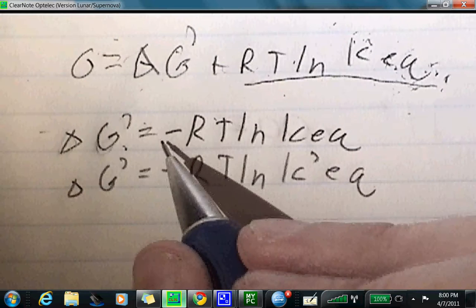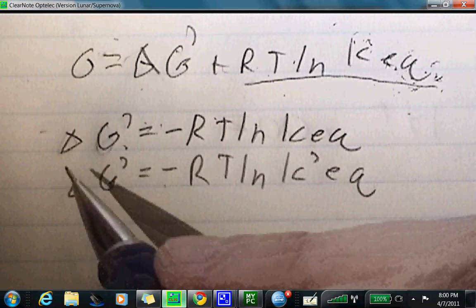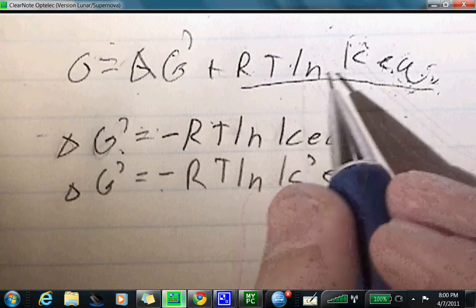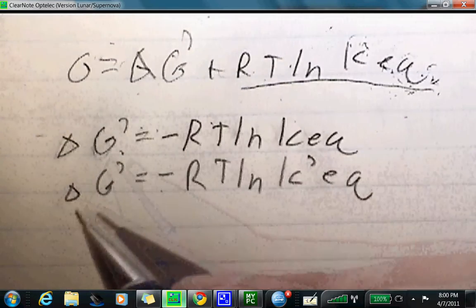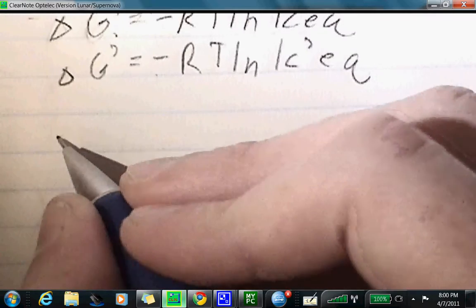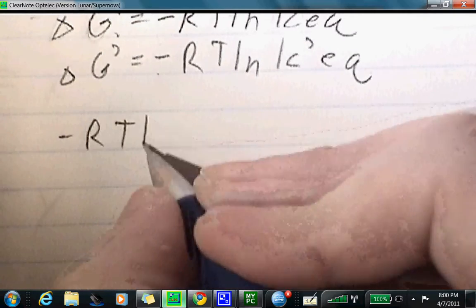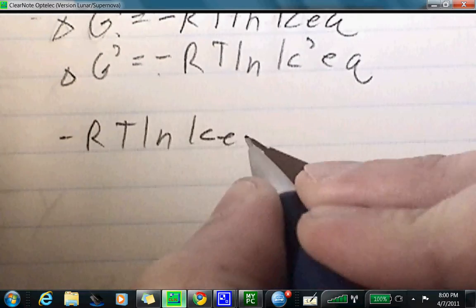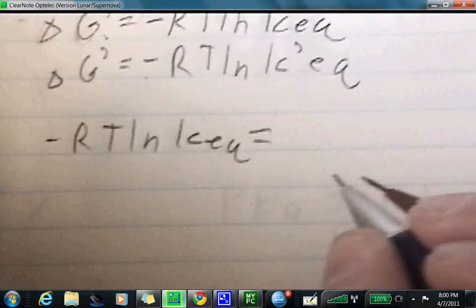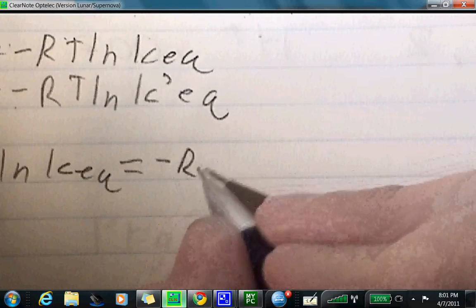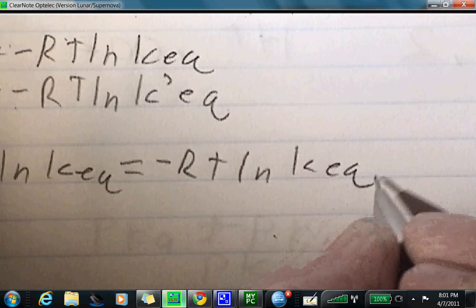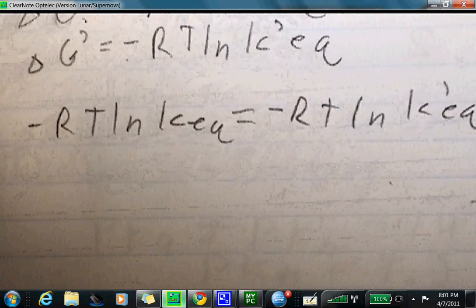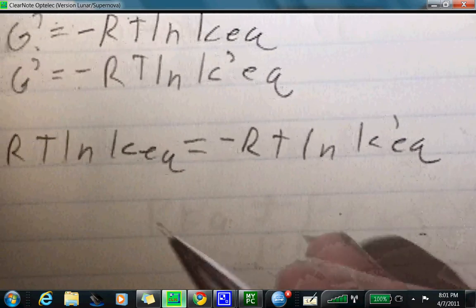So what I'm going to do is set these equations equal to each other. The reason I subtracted this part from this part is so I could get delta G all by itself. So now we can do simple substitution. It's going to be negative RT ln Keq equals negative RT ln K prime eq, or you can have whichever one, it doesn't really matter.